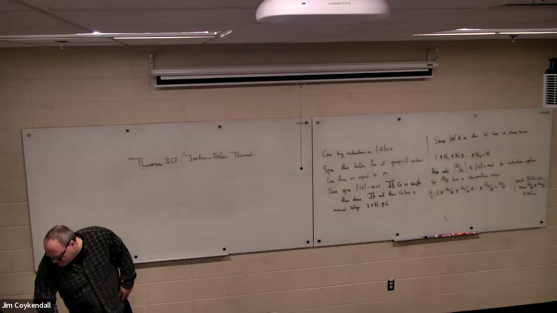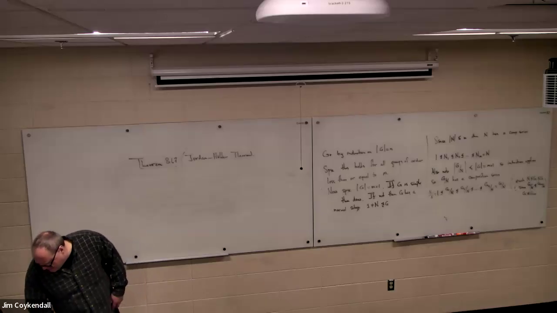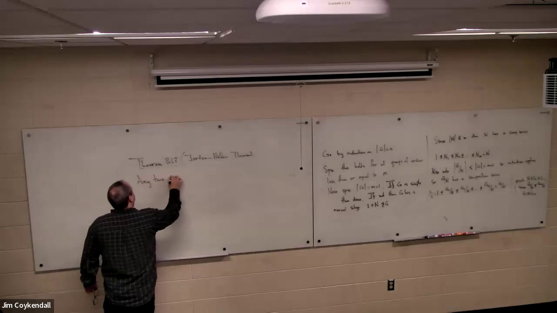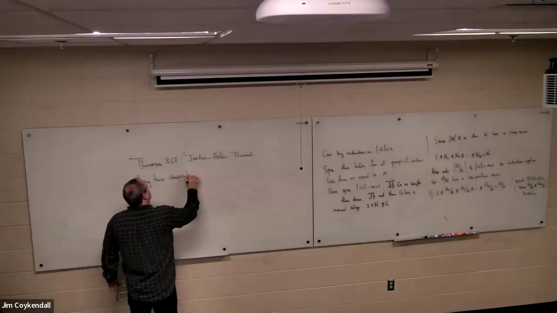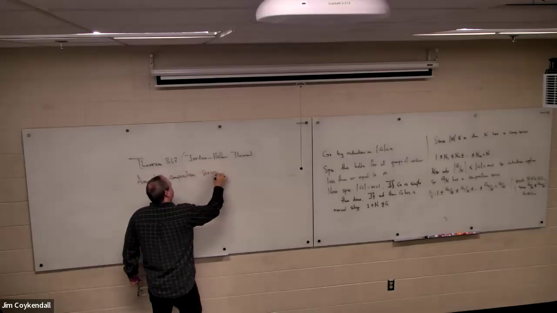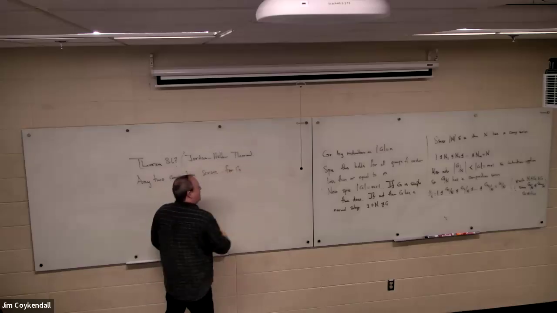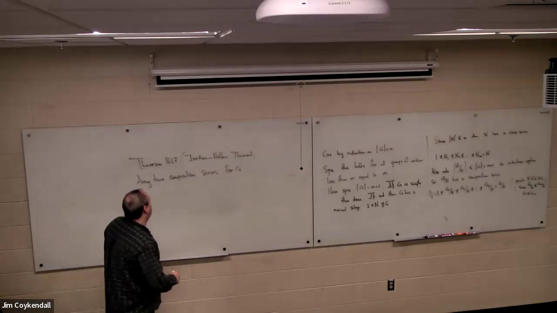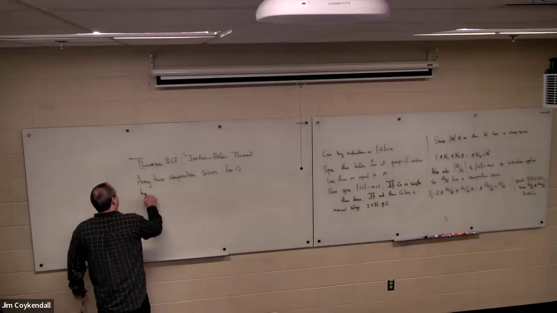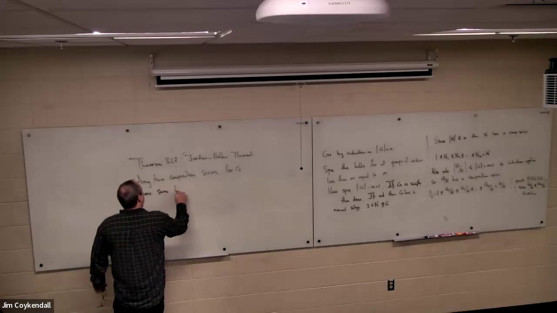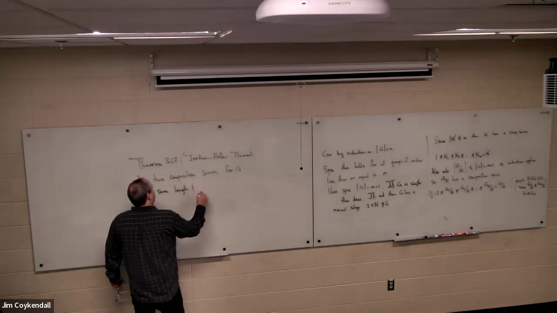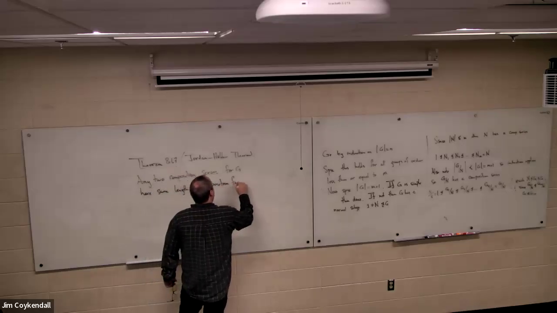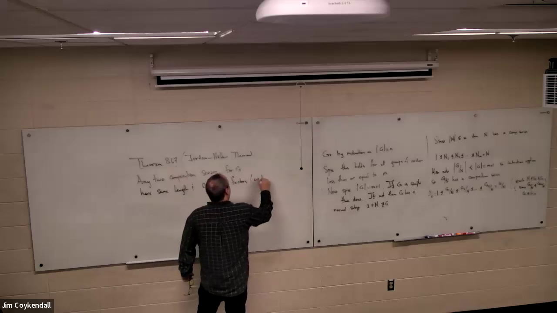Any two composition series for a group G have the same length and composition factors. Let me point out, if it actually has a composition series, then any two of them have the same length and composition factors. And when I say the same, I mean the same up to isomorphism.